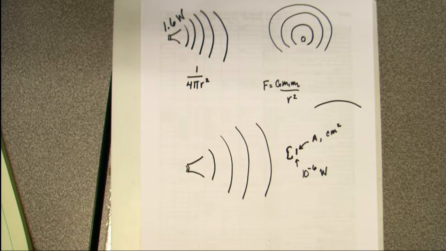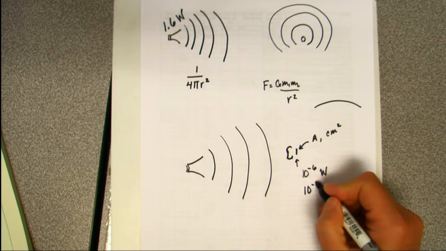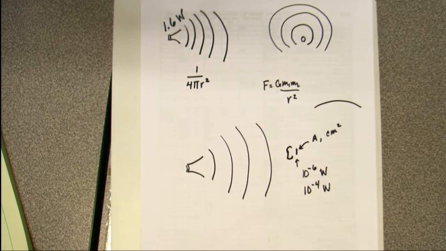It also tells you that if you have an extended amount of time at 10 to the minus 4 watts, you can damage your hearing. It's a piece of factual information that's trying to get you, A, not to listen to headphones at high volume, and B, not to stand right in front of the big speakers at a rock concert. That's basically what it's trying to convey.